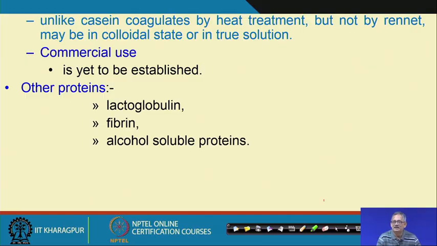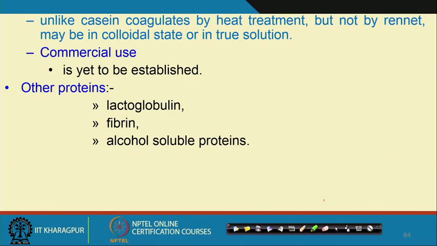You remember we had said how we can identify the components of milk constituents. There we said that when you separate the whey and heat it, you get some turbidity; that is heat coagulation.